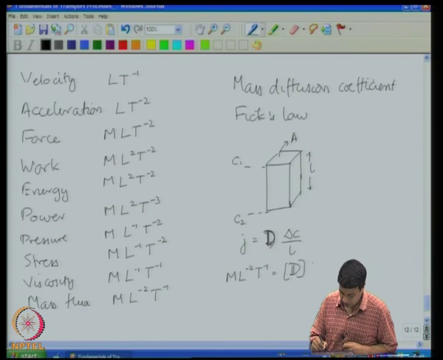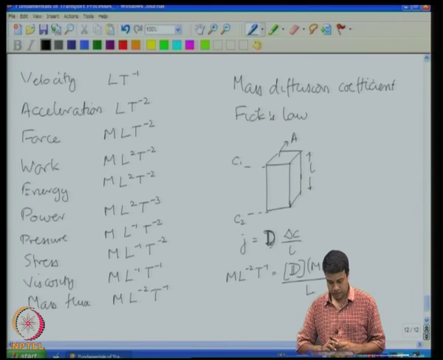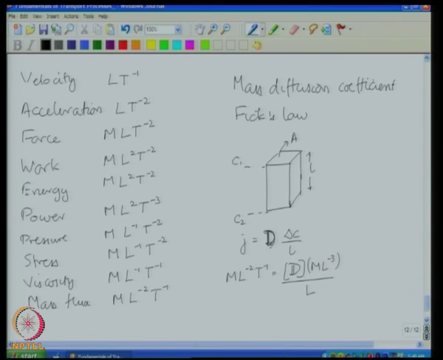Concentration is mass per unit volume, divided by length. By doing cross multiplication, it is easy to see that the dimension of diffusion coefficient is equal to L square T inverse. So, I have diffusion coefficient L square T inverse.